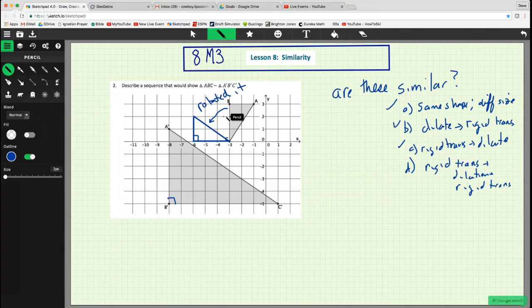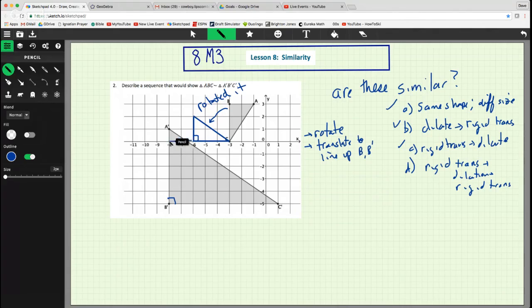So we've rotated it. Let's write down our steps here. We've rotated it. Now we're going to do a translation to line up B and B prime. So we're going to move this guy over to the left 2 and down 5, right?